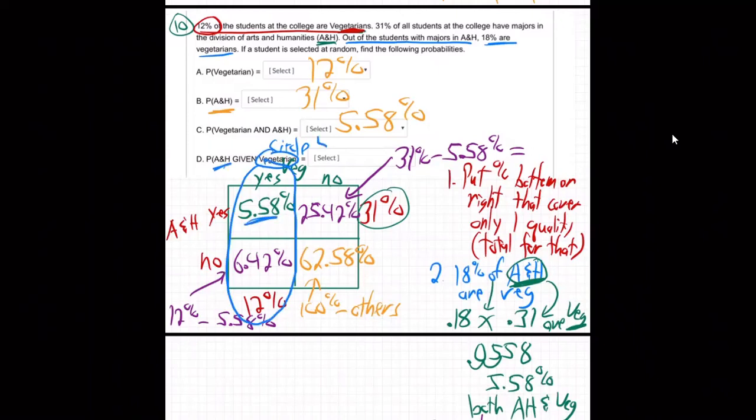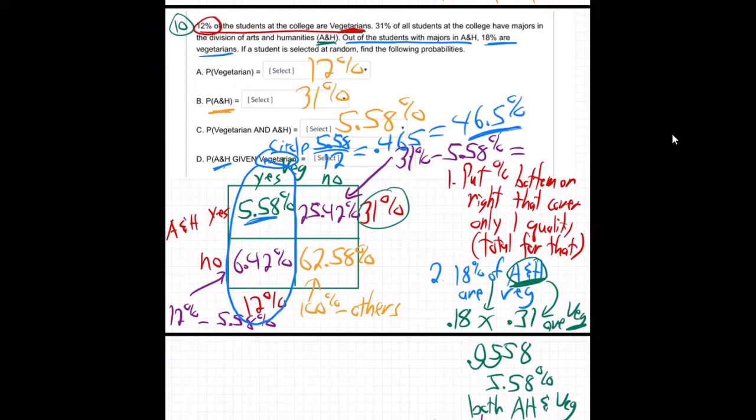So it's going to be 5.58 over the total, over the 12%. Divide that on your calculator. I'm getting 0.465. Make it a percentage. 46.5%. And there we go.